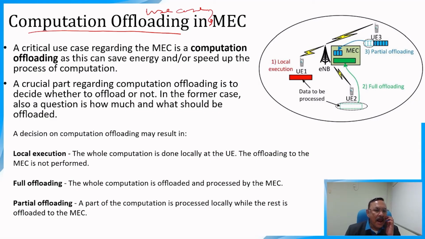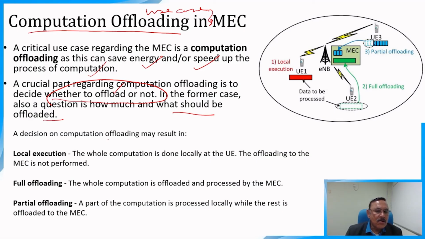A critical use case regarding MEC is computation offloading, and this can save energy or speed up the execution of the computation. A crucial part regarding computation offloading is to decide whether to offload or not. In the former case, the question is also how much and what should be offloaded.